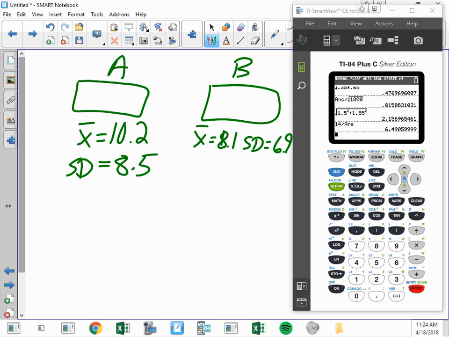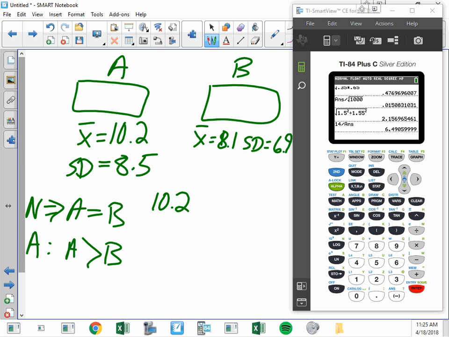Okay. I didn't know that. All right. So is the difference due to chance? My null is going to be that A is equal to B, and my alternative is going to be that A is greater than B. Or actually, they're doing difference, so they would say the difference is 0.